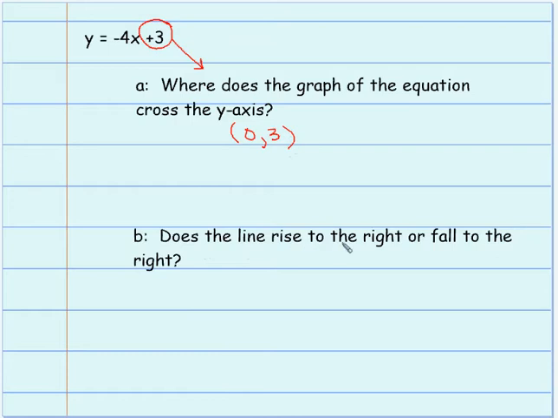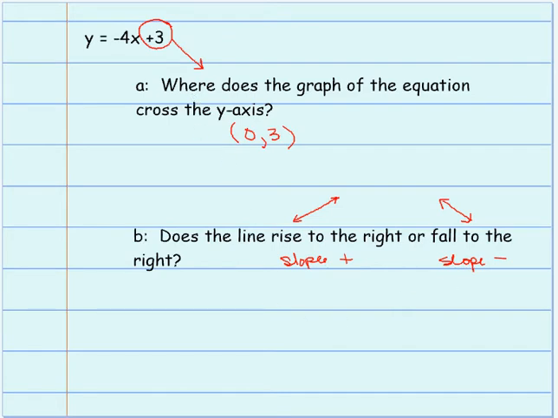Does the line rise to the right or fall to the right? So they're asking you if it goes like this or if it goes like this. So what are they really asking you? They're asking you if your slope is positive or if the slope is negative.